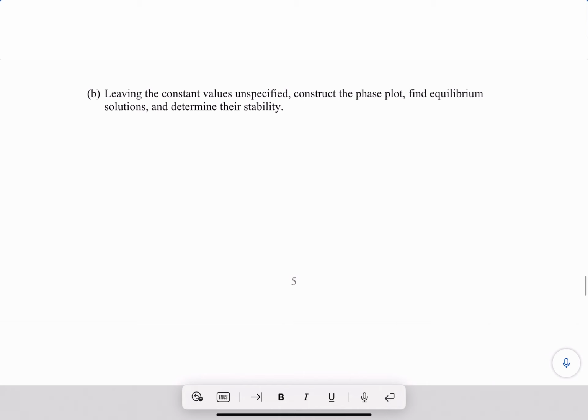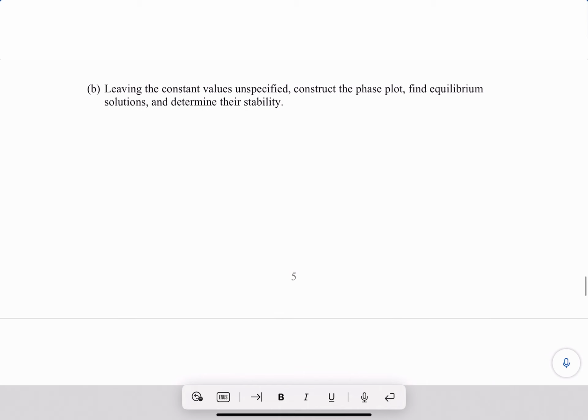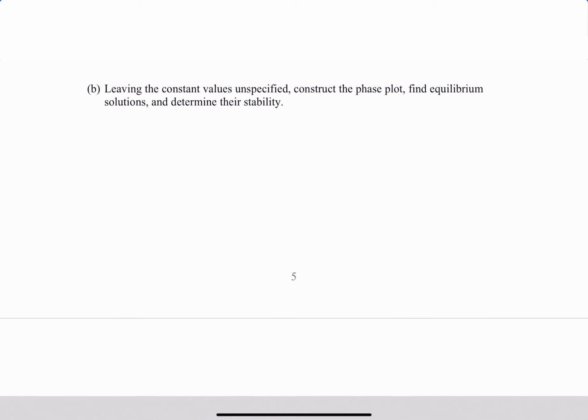Next, we want to do the same thing, but leaving the constant values unspecified. So this time we're working with the original differential equation with nothing to put in for the constants.